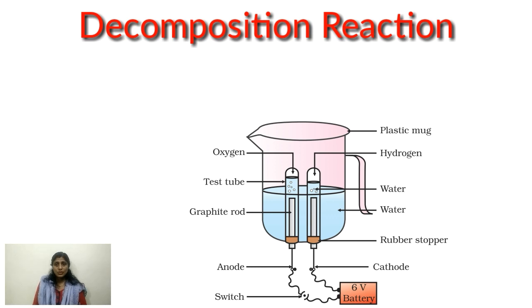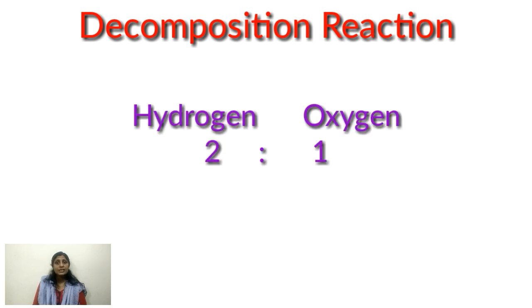Since the electrolysis of water produces 2 volumes of hydrogen gas and 1 volume of oxygen gas, we can conclude that the ratio of hydrogen and oxygen in water is 2:1 by volume. Or we can say that water is made up of 2 parts of hydrogen and 1 part of oxygen by volume. It is H2O.